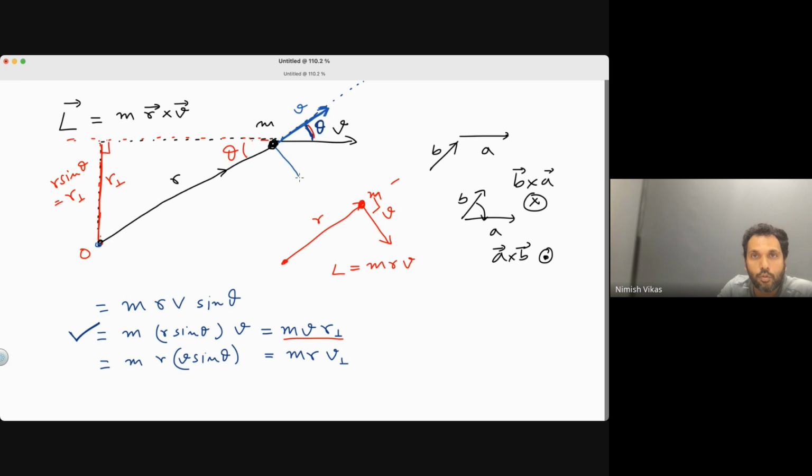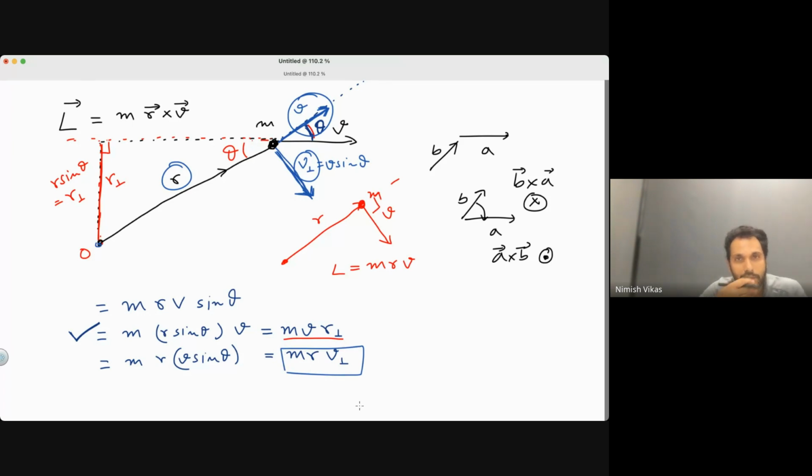And it has a component which is perpendicular to R. This is V perpendicular, which is nothing but V sine theta. This is not going to create any angular momentum, but V perpendicular is going to. So you take the whole of the R and the whole of the V perpendicular. This is this formula. Is that clear?